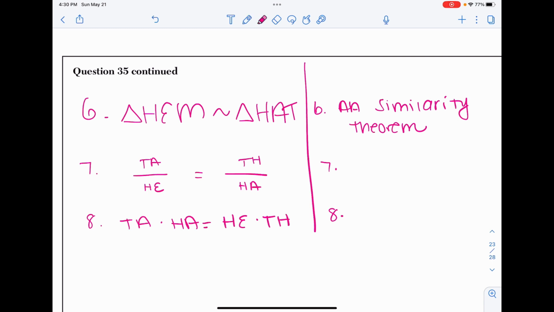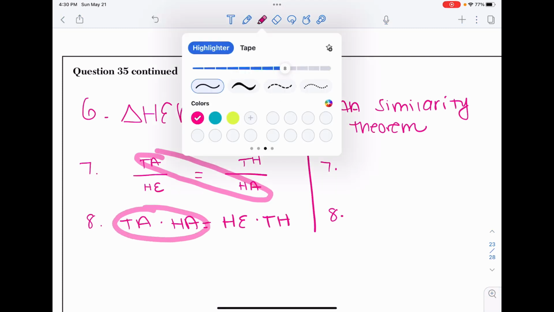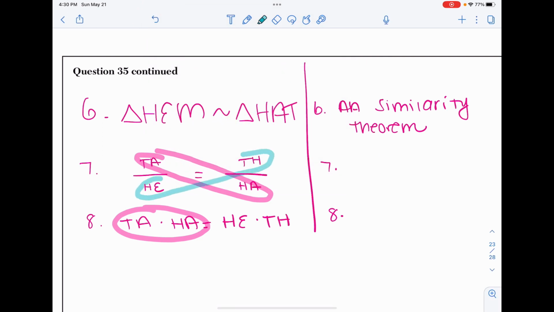Look at this first diagonal here. TA and HA would get multiplied. And look what we have here, TA times HA. When I multiply this diagonal, I would get HE times TH. Look what I have here. So I'm just kind of undoing the cross multiplication, basically. Okay, here's what I'm going to fill in for those reasons.